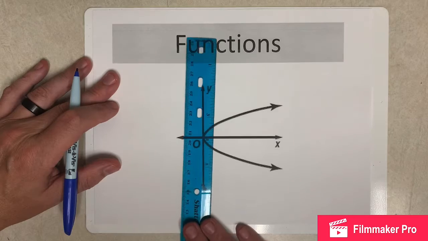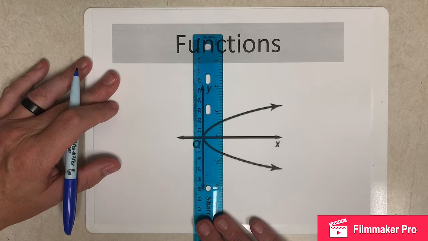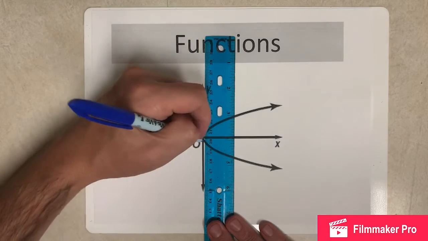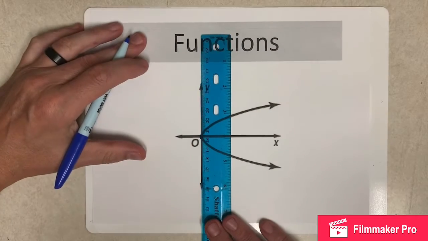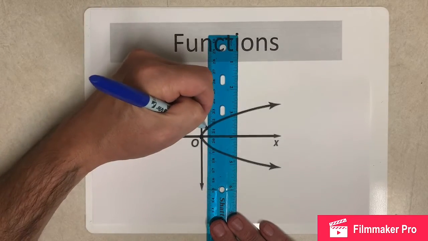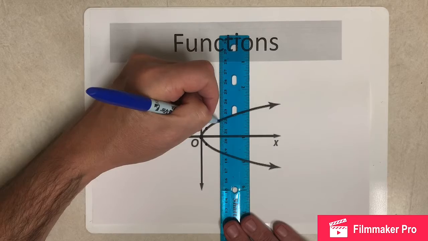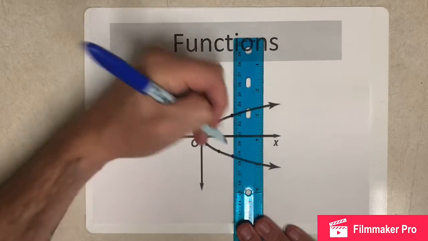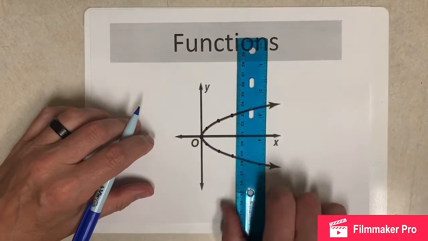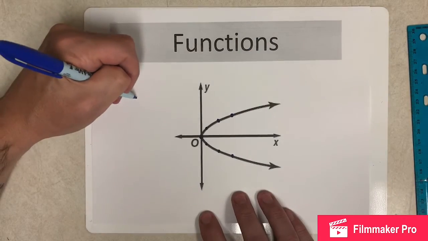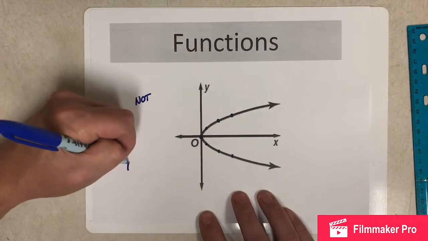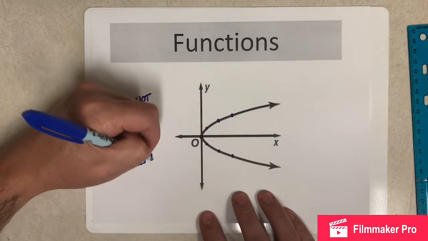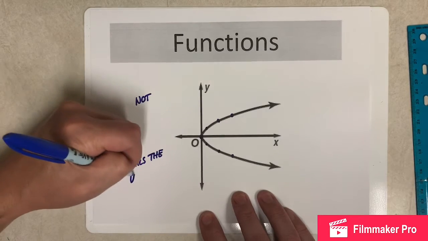So if I do the vertical line test here, all the way across, it starts right there. But as soon as I move over, two places, and again. Every time it hits those two places, that is not a function because it fails the vertical line test.